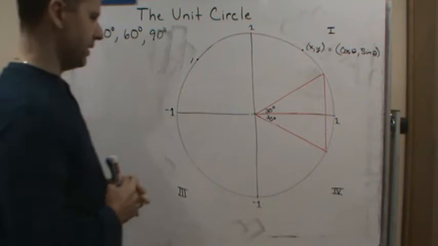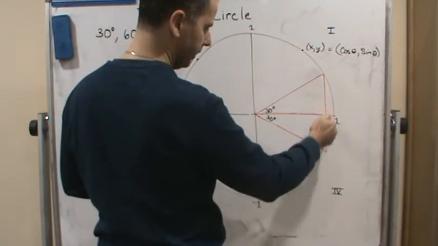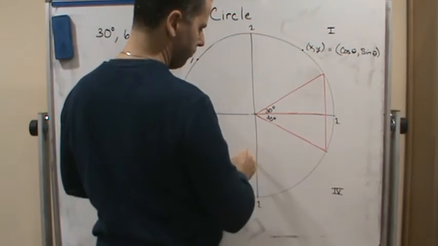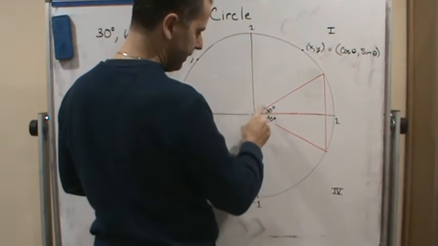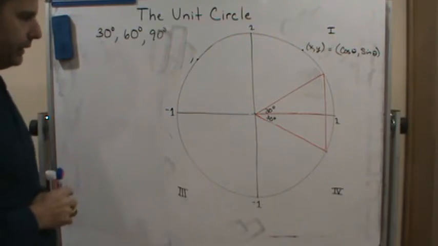Then we get a bigger triangle if we connect them together, and this angle here is 60 degrees.